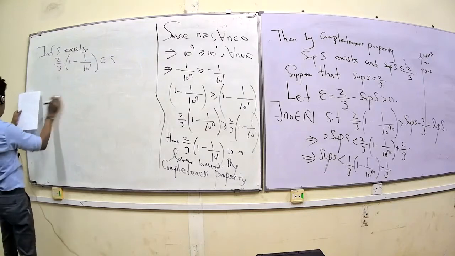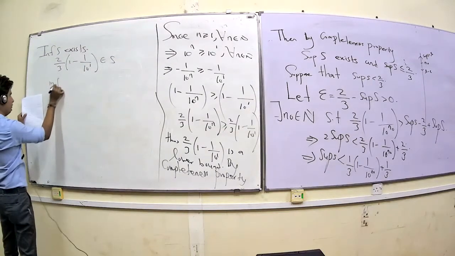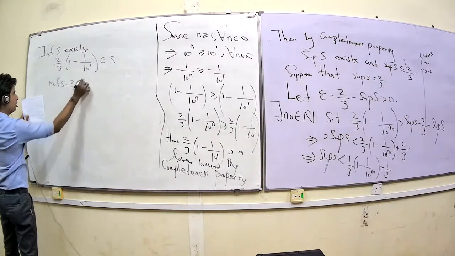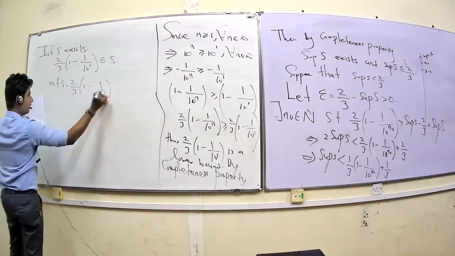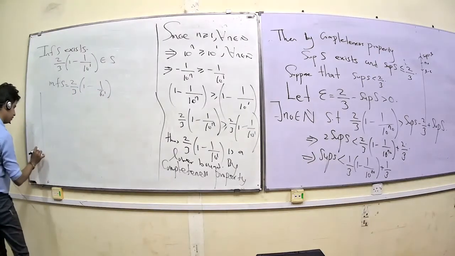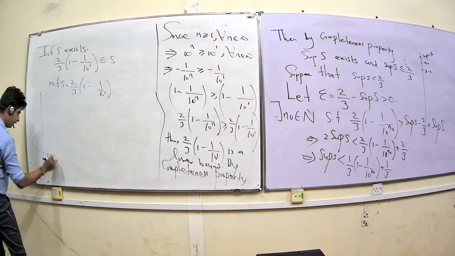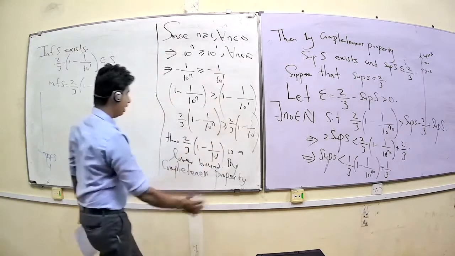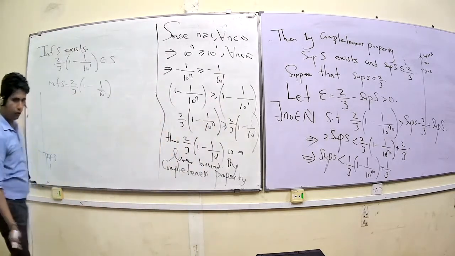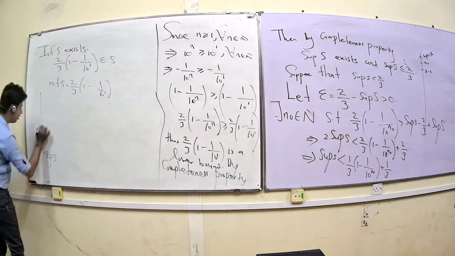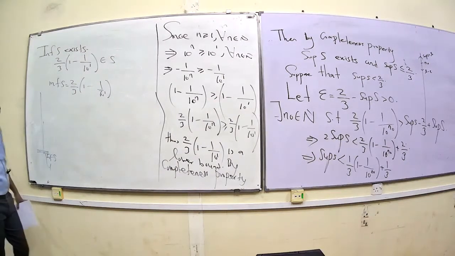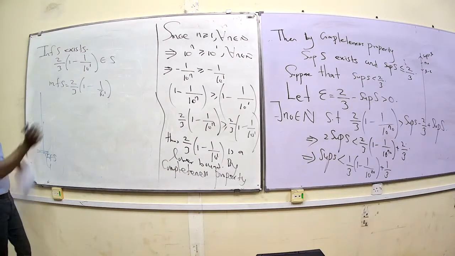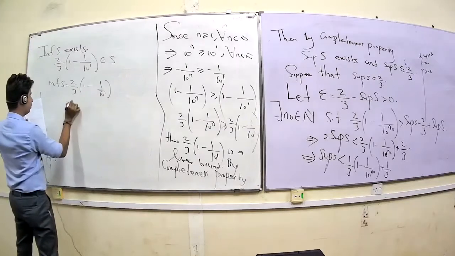Now you have the infimum of S equal to this value because there are some values greater than that one in S. Therefore, the infimum exists and is equal to this value.